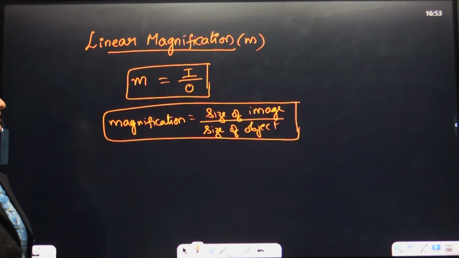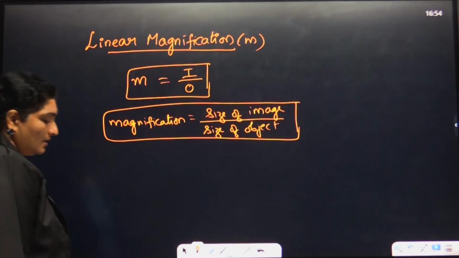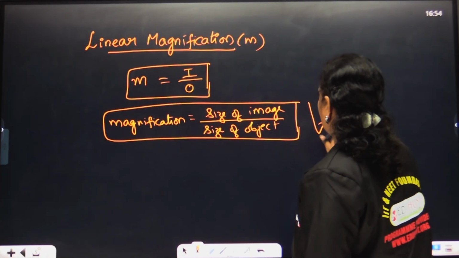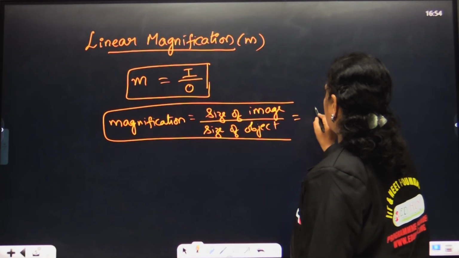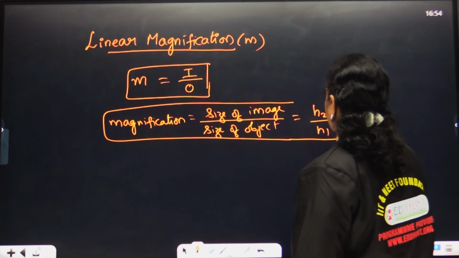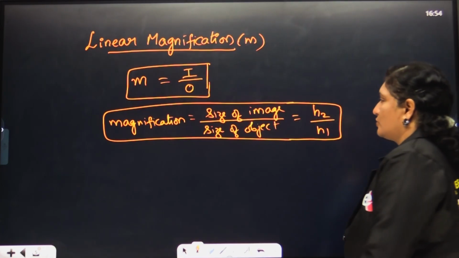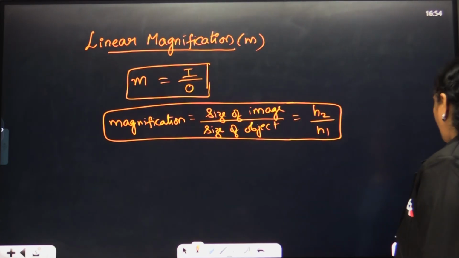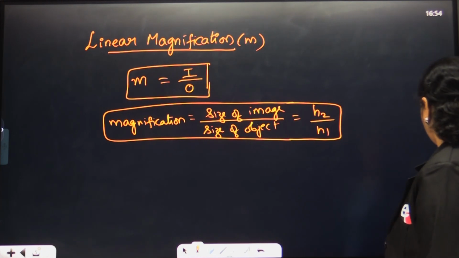The same can also be indicated in terms of height. If size of the image is indicated with the height H2 and size of the object is indicated with H1, then magnification can also be written as H2 by H1.